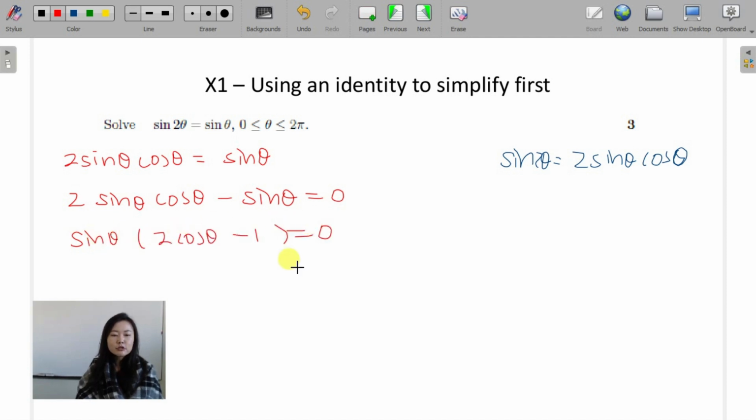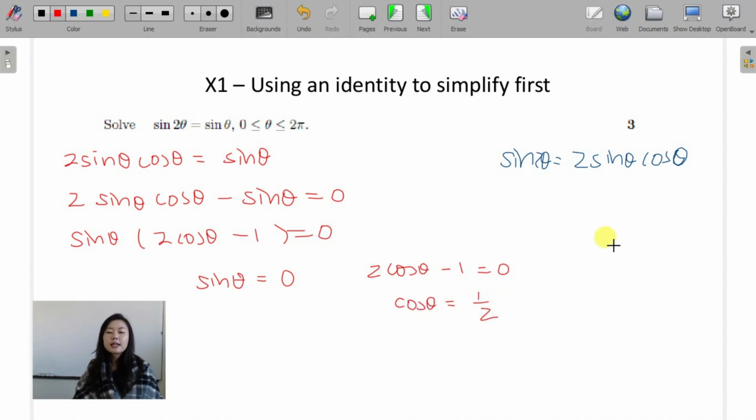That creates two equations. Sine theta is equal to 0 and 2 cos theta minus 1 is equal to 0, which means cos theta is equal to a half. So always move everything to one side and factorize rather than divide. Otherwise, you'll lose the answers relating to sine theta equal to 0.